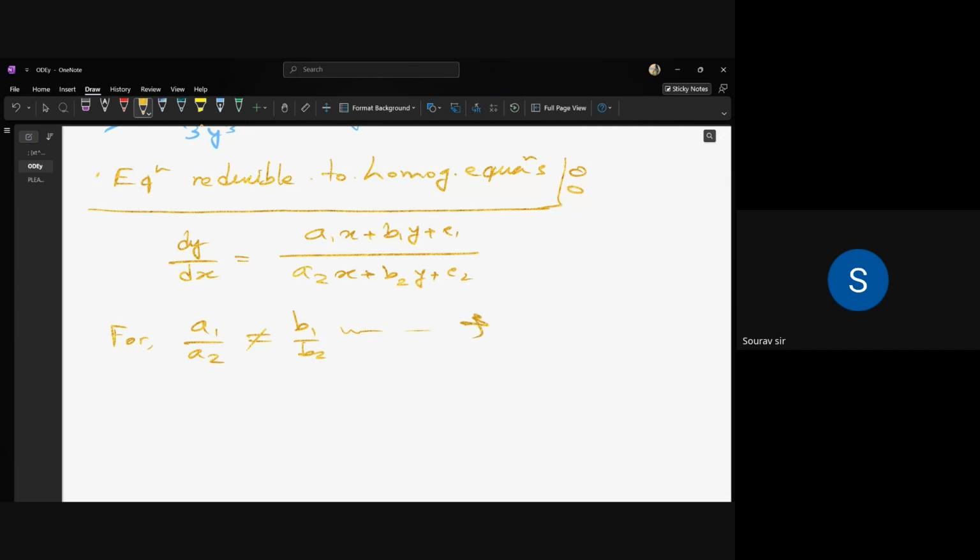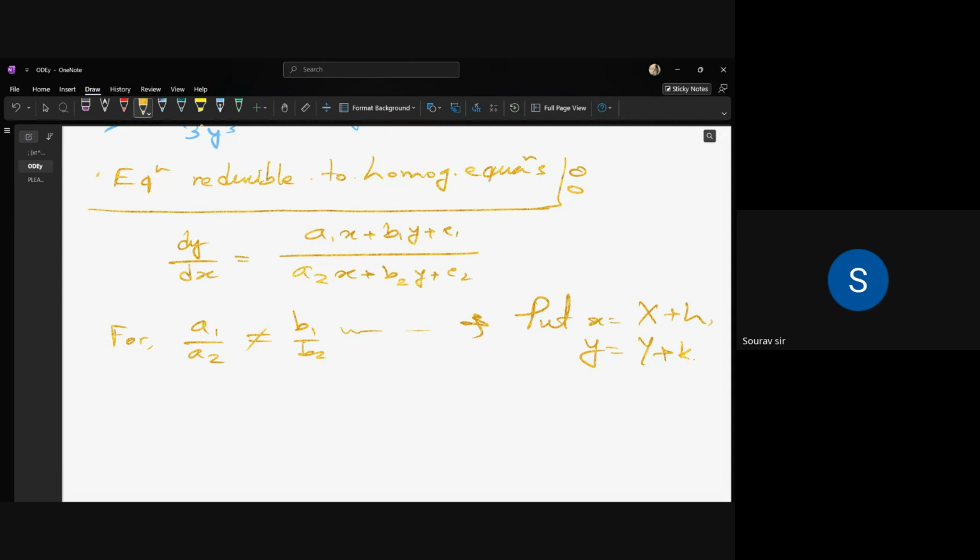Okay, so how can we do that? We put x equals X plus h and y equals Y plus k. Then we equate the constant terms of the numerator and denominator to 0 and find the values of h and k. So now let us proceed with how to do that.